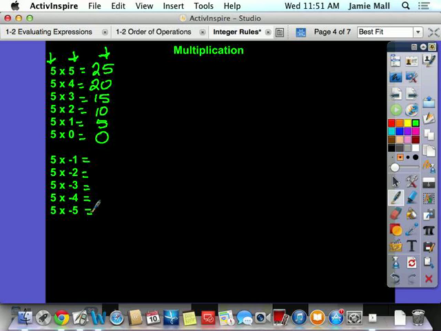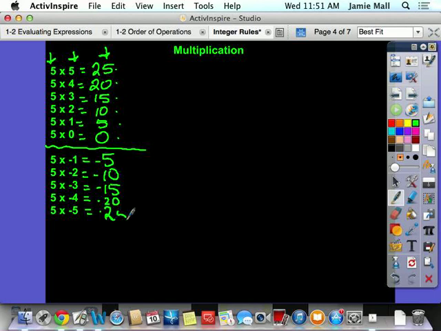So as I go 5, 4, 3, 2, 1, 0, like you see in the top half of the problems, after 0, if I continue the pattern, I would be into the negatives. Negative 1, negative 2, negative 3, negative 4, and negative 5. And in the third column, if we continue this pattern of going down, 25, 20, 15, 10, 5, 0, the next numbers in order would be negative 5, negative 10, negative 15, negative 20, and negative 25.